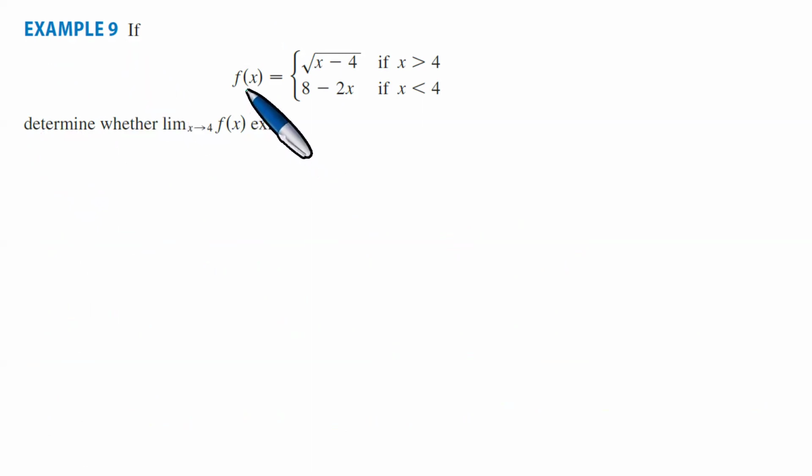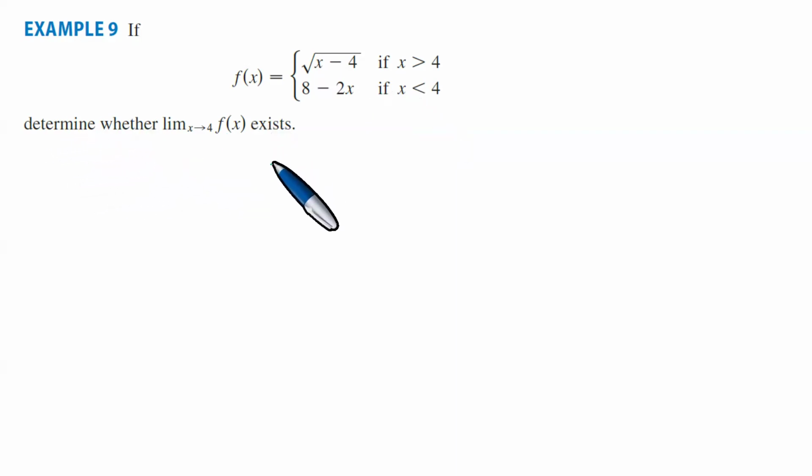If f of x equals the open brace, the square root of x minus 1 under the square root of x minus 4 if x is strictly greater than 4, and the bottom part is 8 minus 2x if x is negative.